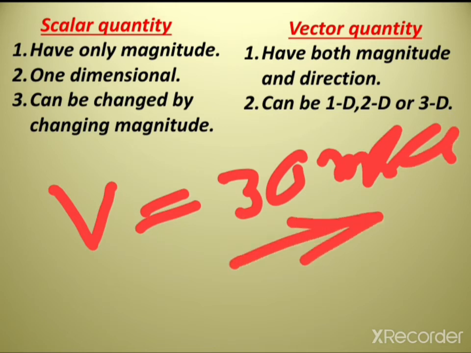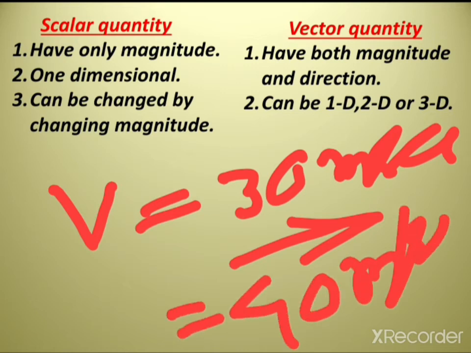Then if you want to sense the velocity of the moving body, you can sense the magnitude. That means, suppose this is 40 meter per second but moving in the same direction. Keeping the motion of the body in the same direction, you can sense the velocity by sensing only its magnitude. So this is one way.